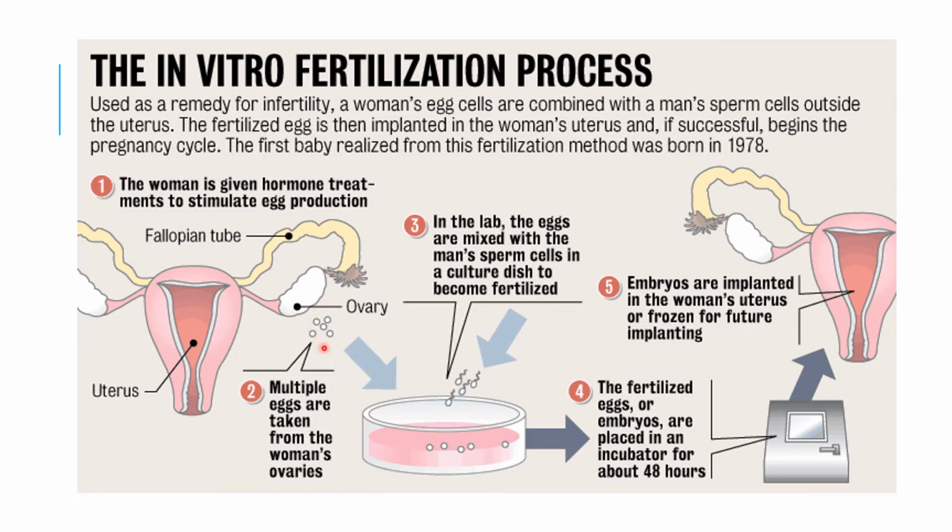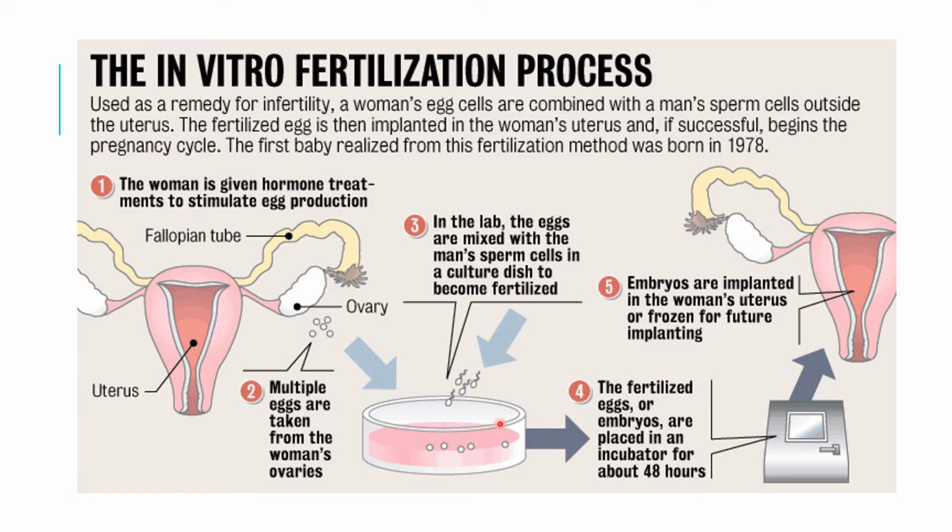She has to be in sync not only to release egg, which is called ovulation, but also to accept the developed embryo in the uterus. This all has to be carried out in the laboratory condition, but multiple eggs have to be produced by the ovary itself. And for that, the ovary is given hormonal treatment.